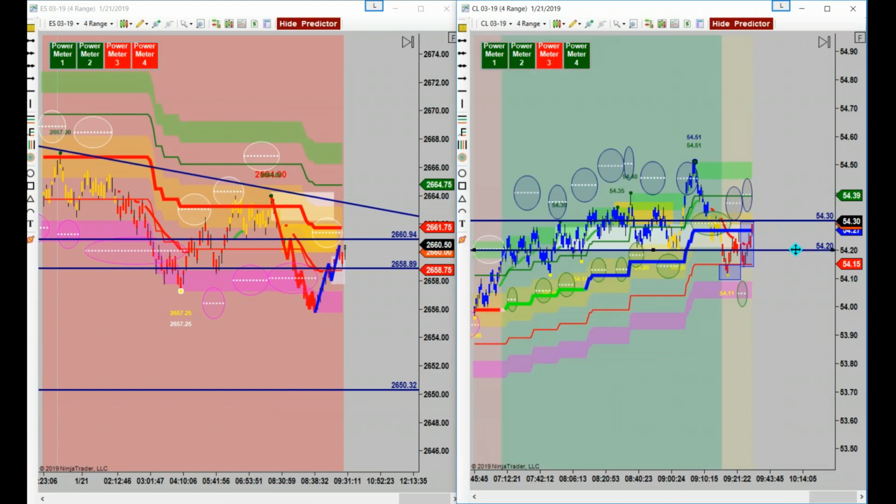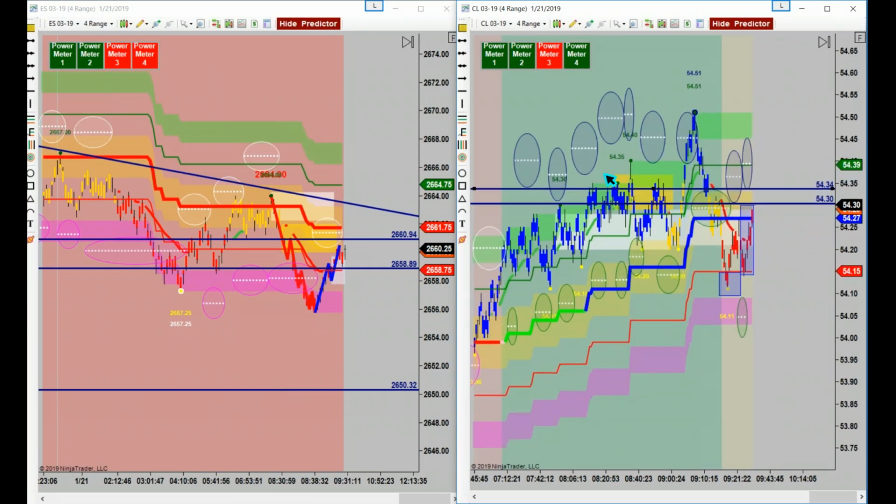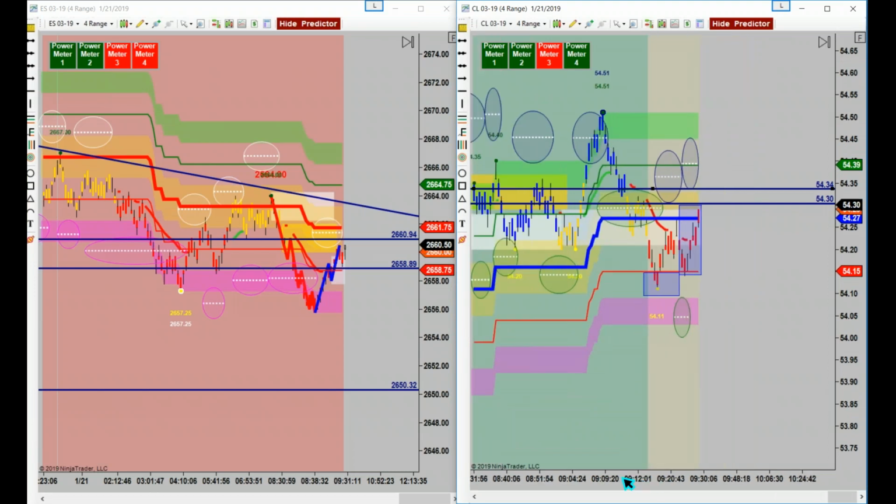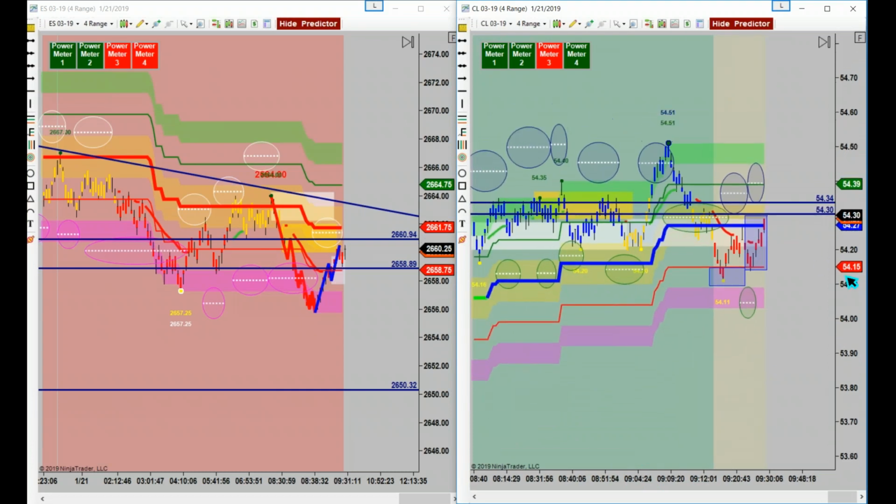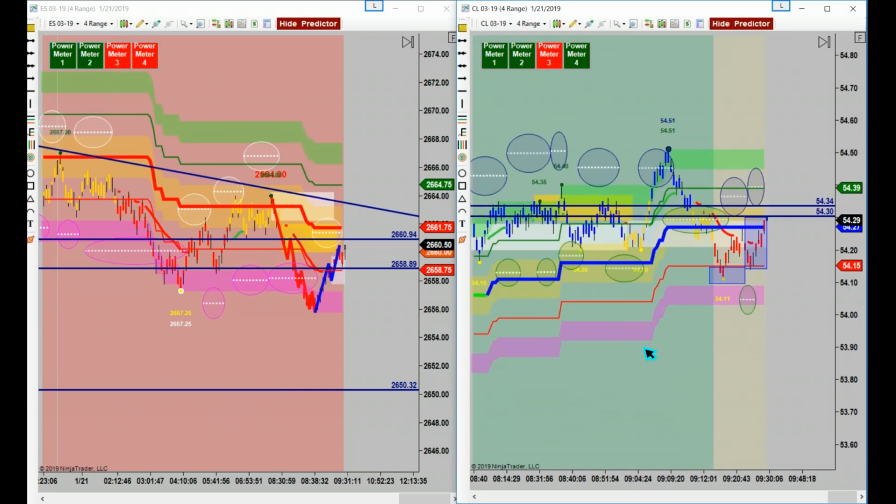Where's oil heading now? Well, if it breaks up, you do have a little swing area right across here at this predictor. And of course, this could easily make fresh highs for the day.